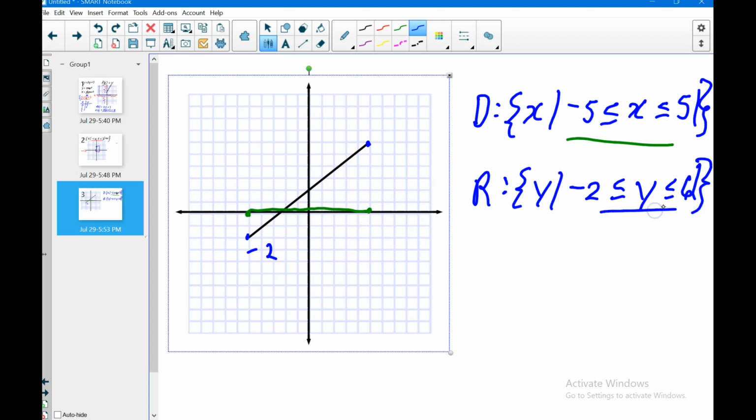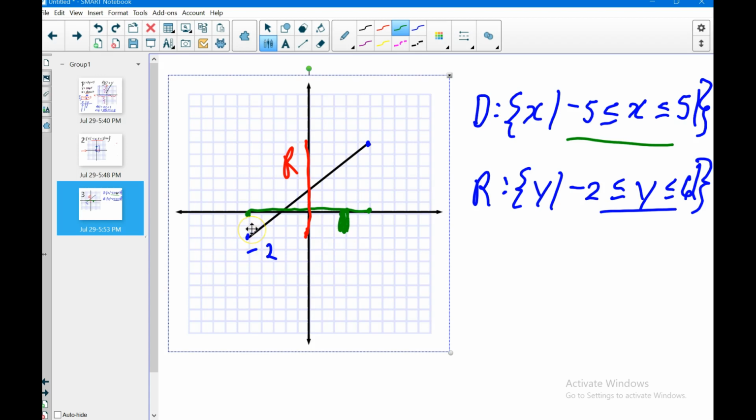That's your range, because it's the distance on this line, from here to here. This is your range, and this is your domain in the green. That's all I look for.